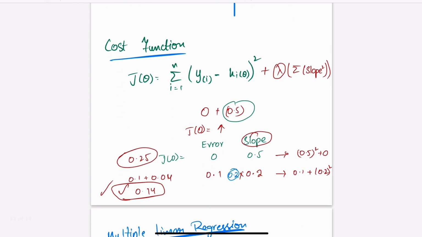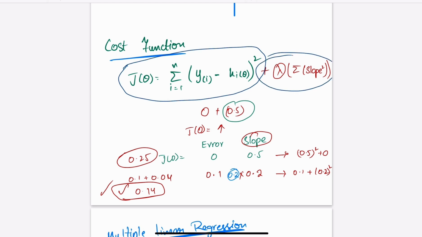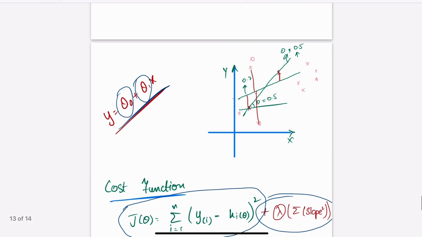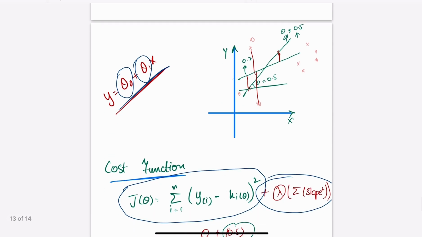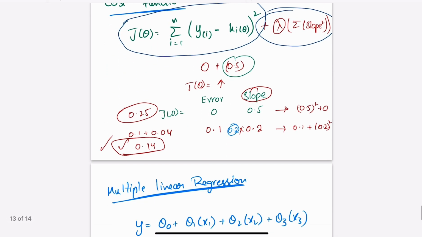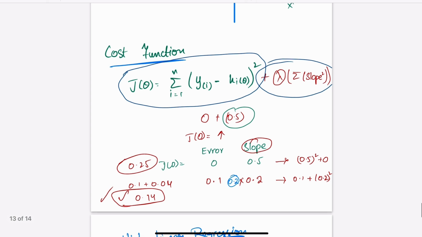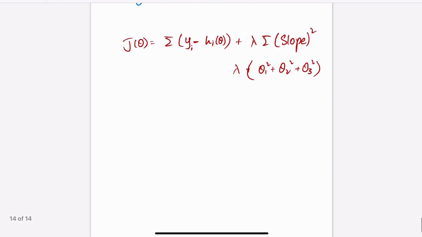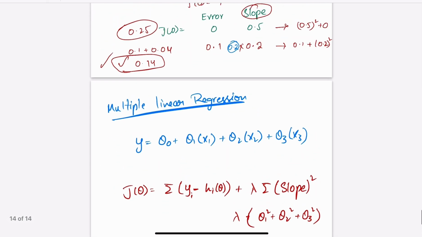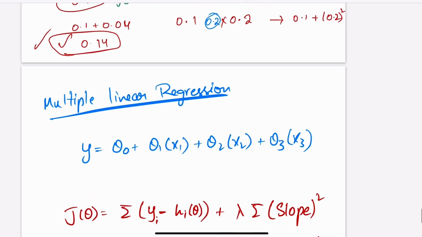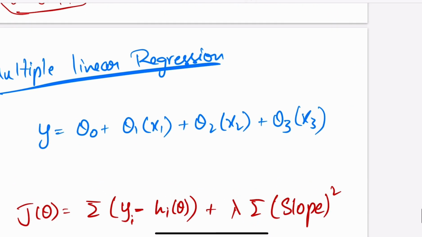The normal linear regression term plus this term becomes ridge regression. All you change is the cost function, nothing else. The model equation will still be the same. Now coming to multiple linear regression, there are multiple thetas.